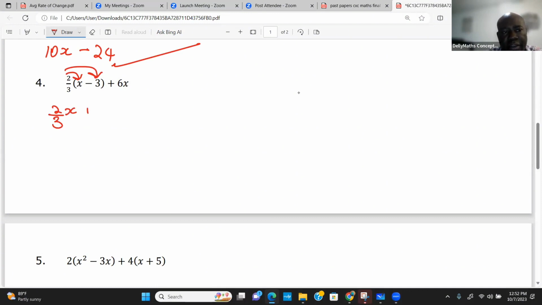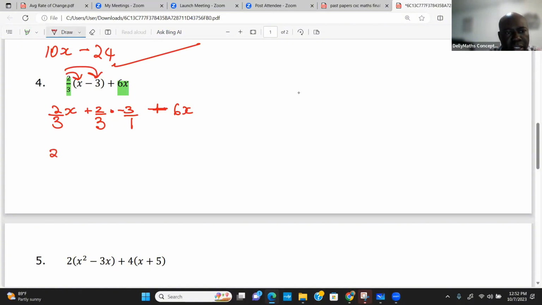As you could see, so I'll have 2/3, and that is going to be multiplied with negative 3. I could say 3/1 if I want. And at the back, there is a plus 6x, which is different. Remember that we're not going to distribute the 2/3 with this, all right? Because the 6x is not a part of the parentheses.